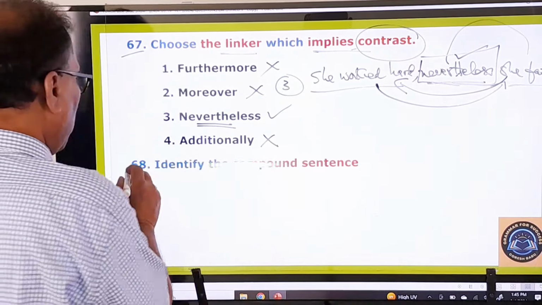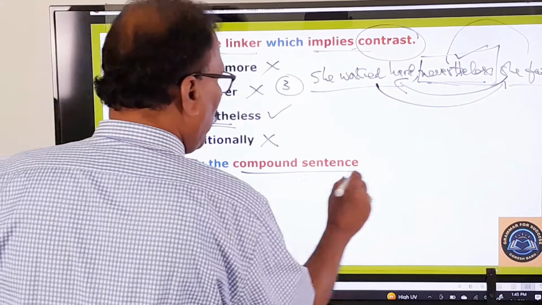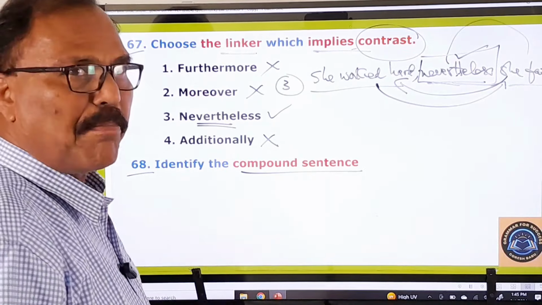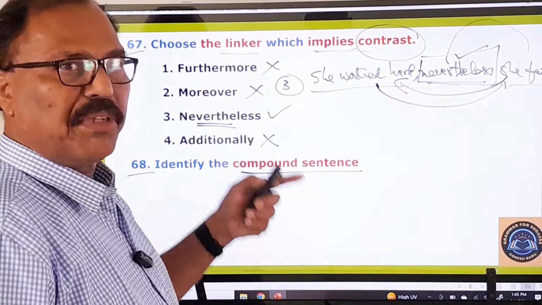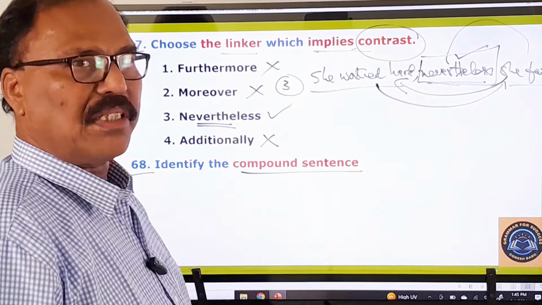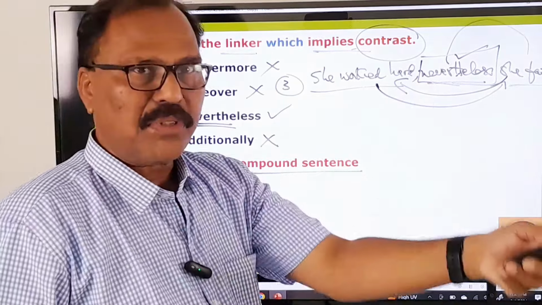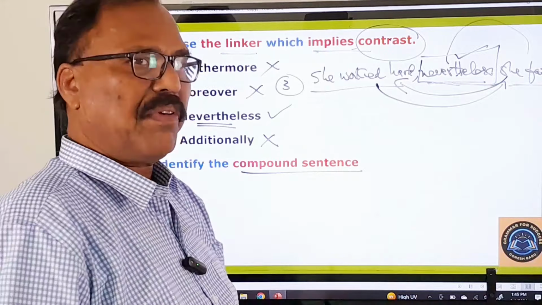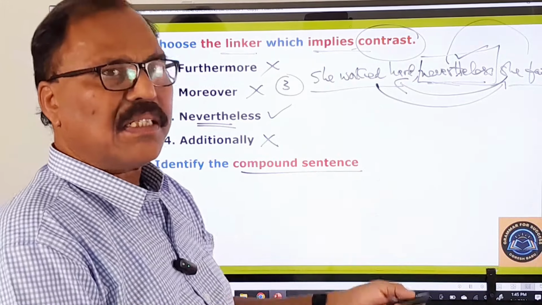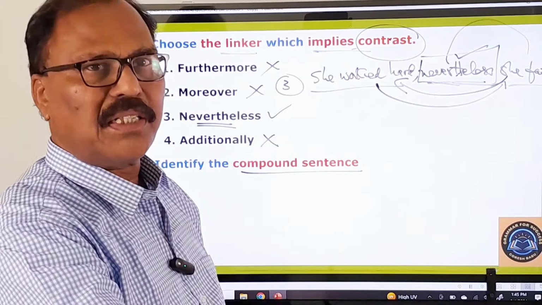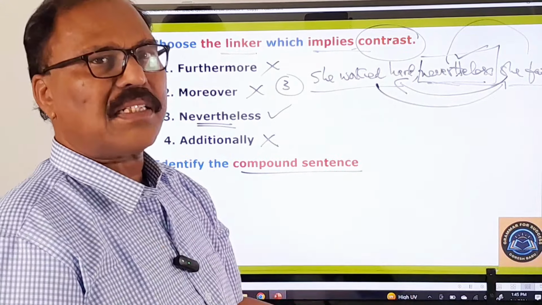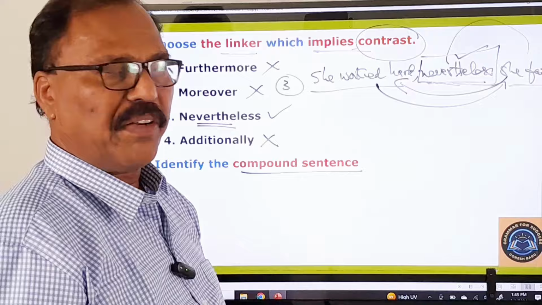What is that? 68th one. Identify the compound sentence. He's asking you to find out the compound sentence. Every time you are being given one question on these sentences: simple sentences, compound sentences, complex sentences. You know very well, simple sentences are sentences in which there are neither coordinating conjunctions nor subordinating conjunctions. Just plain sentences are called simple sentences.